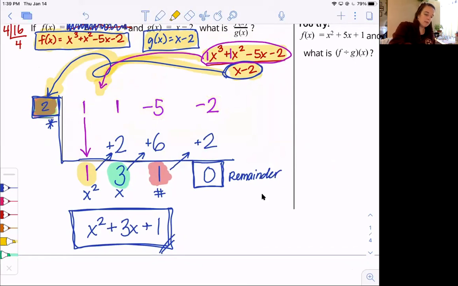Then from there, we do our dance move. So we take this number, move it straight down. This number times the multiply number gives me this. Add them straight down. This multiply goes here. Add straight down, multiply, and so on, right? And then we write our answer, okay? So that is my first example.